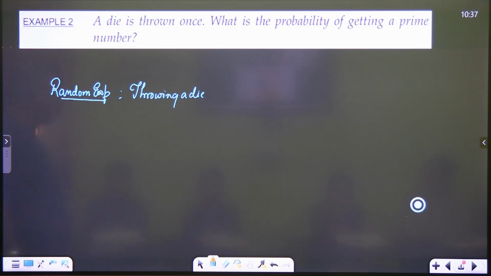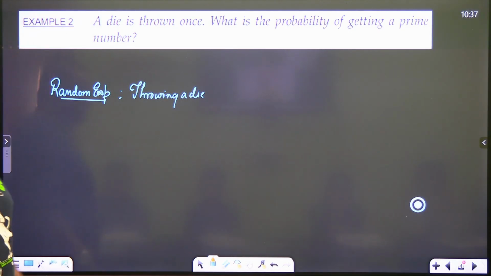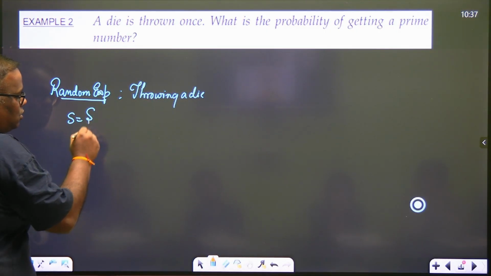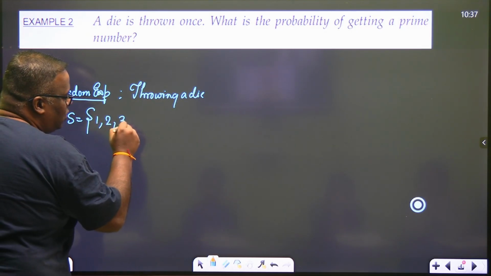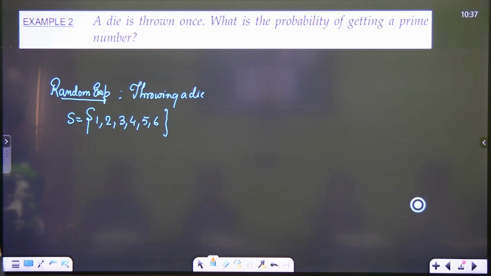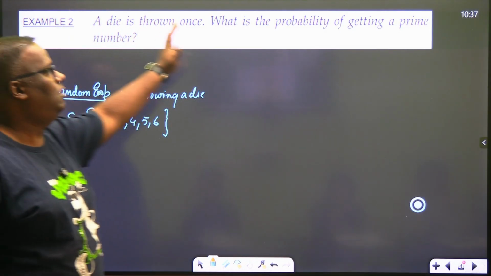No, you don't know the outcomes, but you can definitely list all possible outcomes, that is the sample space. So my sample space: I can get a 1 on throwing the die, 2, I can get a 3, a 4, a 5, and a 6. Generally these questions are on a hexagonal die with 6 faces, sometimes a die with 4 numbers in different classes.